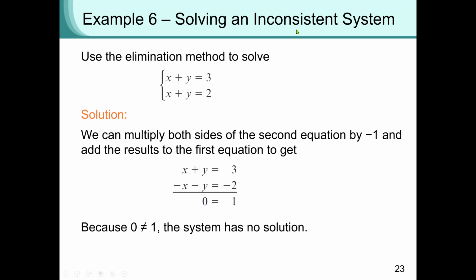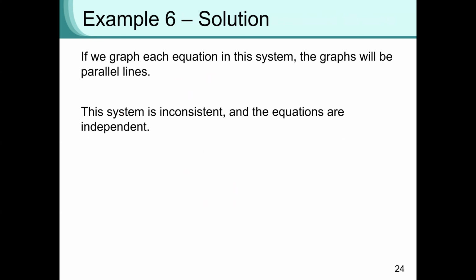Then inconsistent means there's no solution. If you plot these two lines, they will never intercept. There will be no intersection. Infinity solutions means you have multiple intersections. Unique solution means only one intersection. And no solution means, again, there's no intersection.